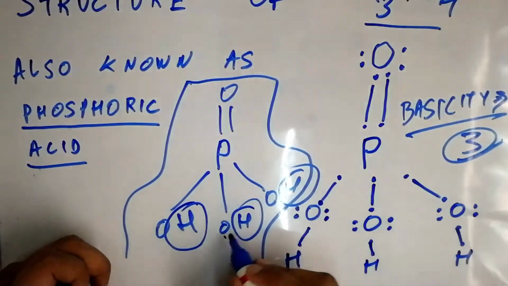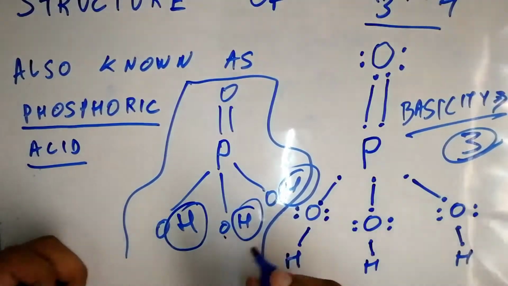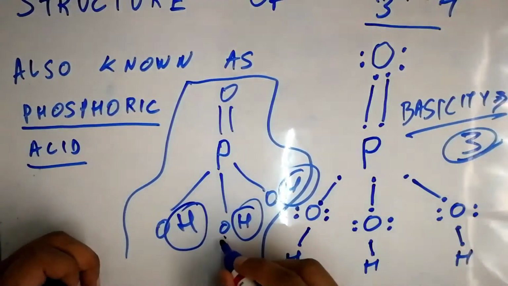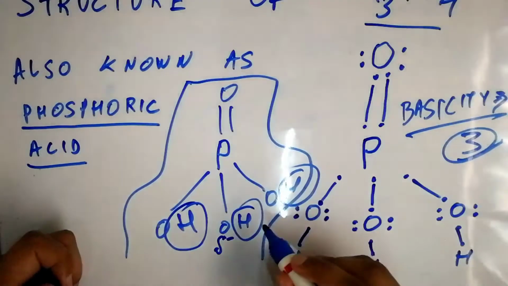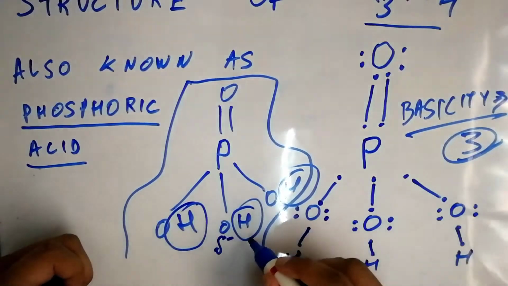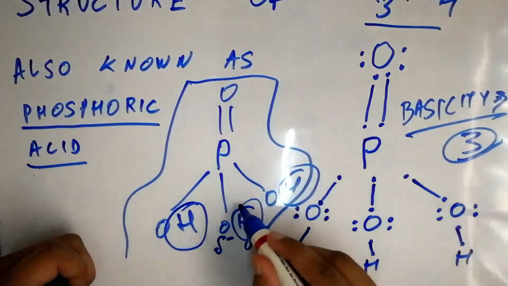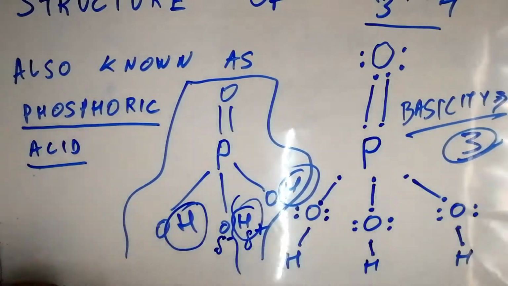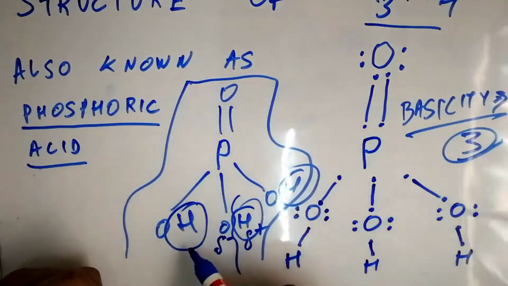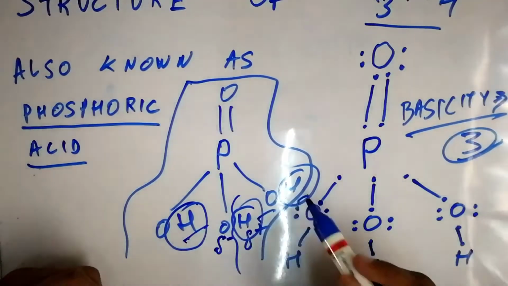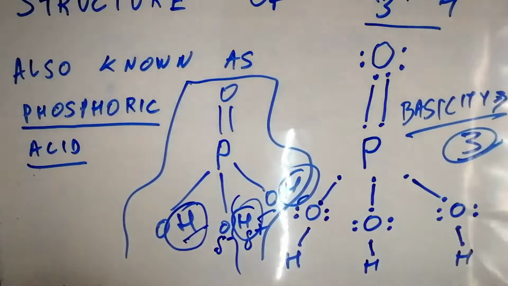So what happens in this OH bond is that since oxygen is highly electronegative, it partially gains a negative charge, and hydrogen gains a partial positive charge, and this can break in water, right? So its basicity is 3: 1, 2, 3, and simply H3PO4 can donate 3 hydrogen ions, H plus ions.